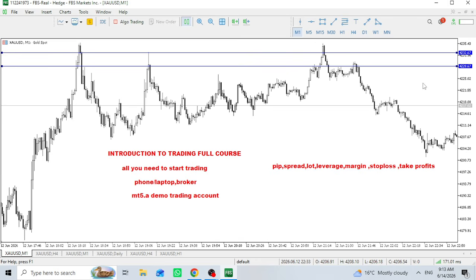But just know, the more the leverage you are using, the more you are exposed to risk. The more the leverage, the more the risk. The more the lot size, the more the risk. Margin call is money required to open a leveraged position.